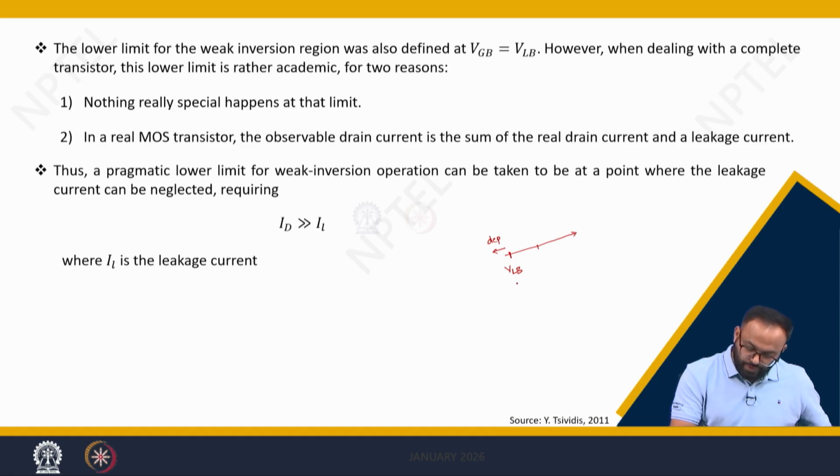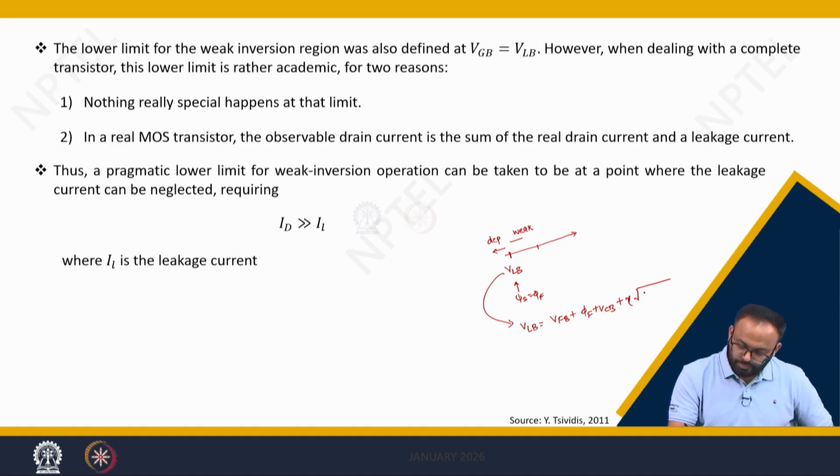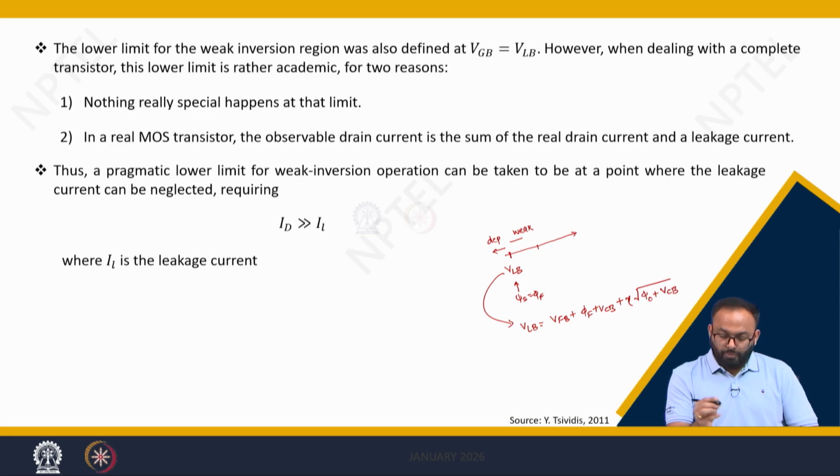After VLB, when the surface potential was phi f, we called it the onset of weak inversion, right? And you remember that VLB can be written as V flat band voltage plus phi f plus gamma times the square root of phi f plus Vcb. Now, why are we not talking much about this VLB?